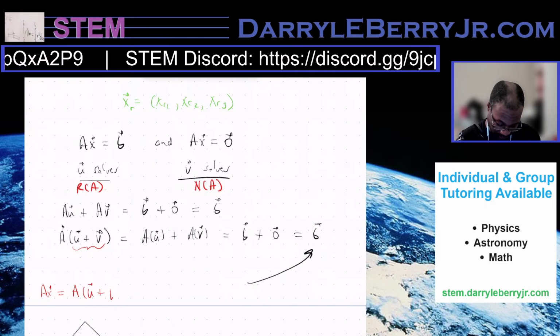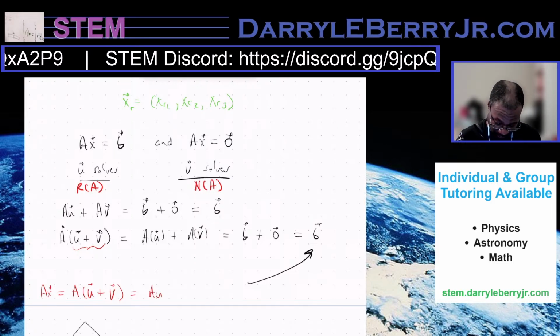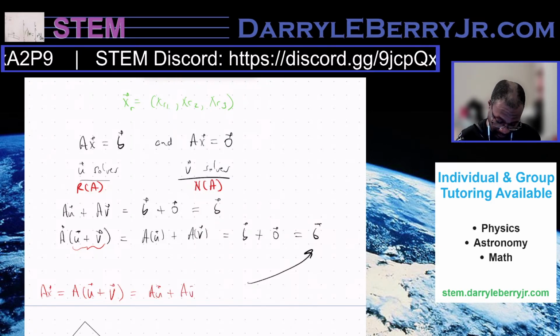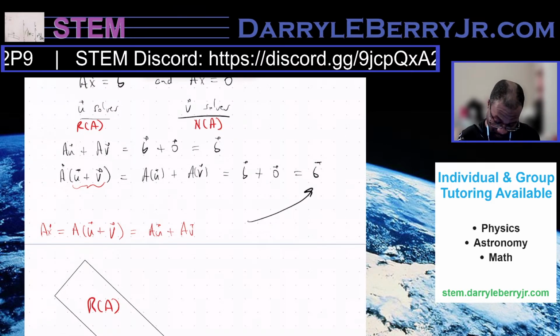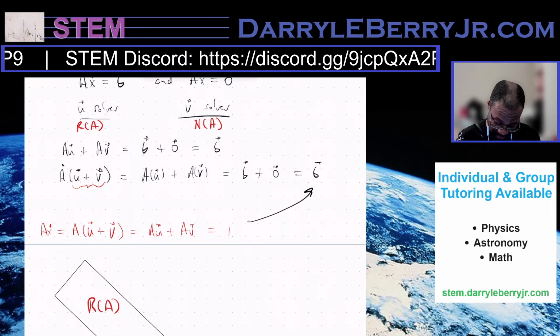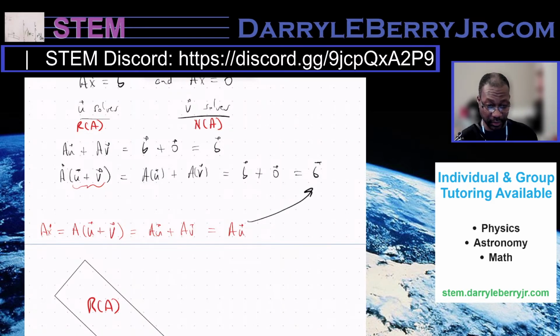So A(u plus v) equals Au plus Av. But we know since the null one equals 0, this equals Au.